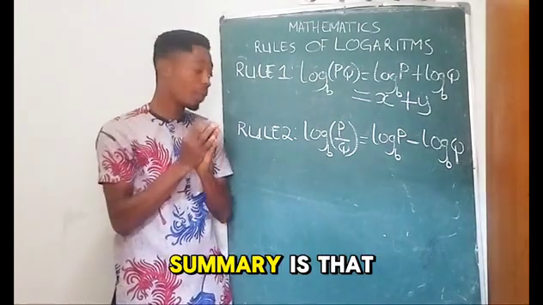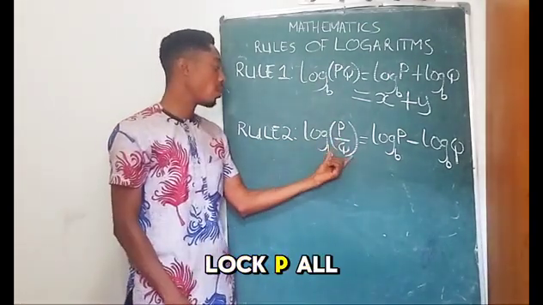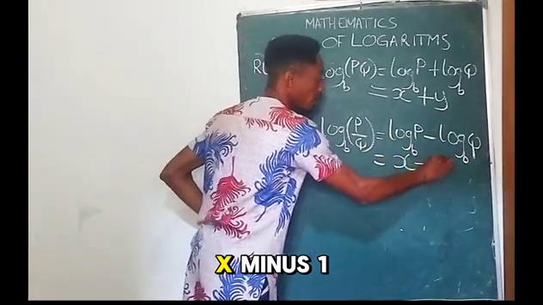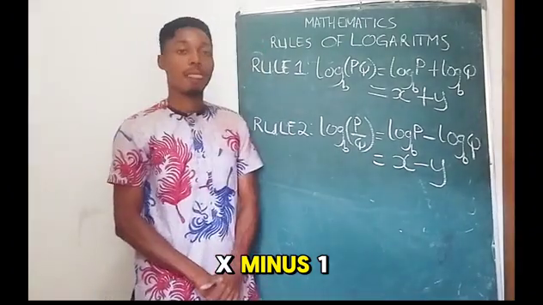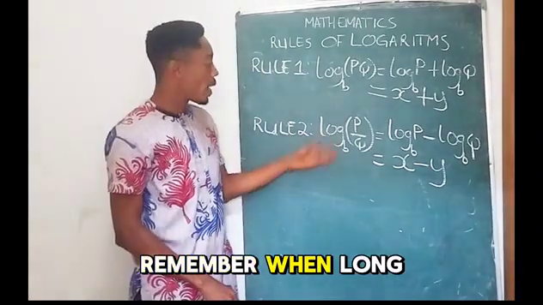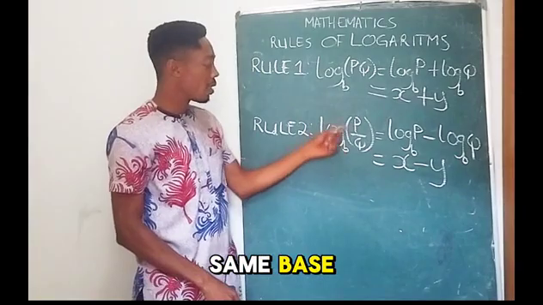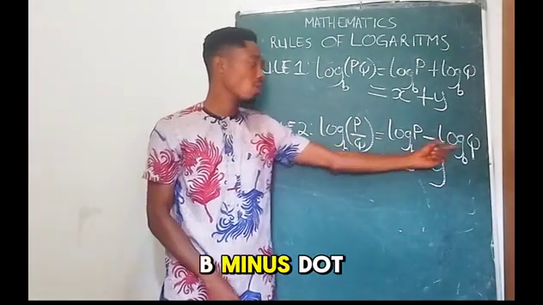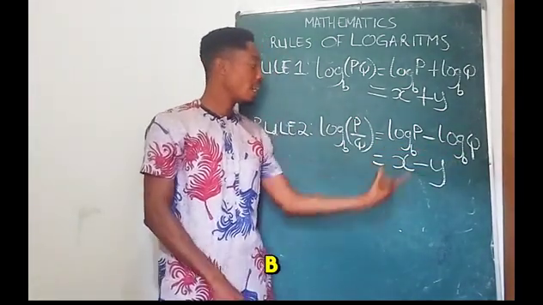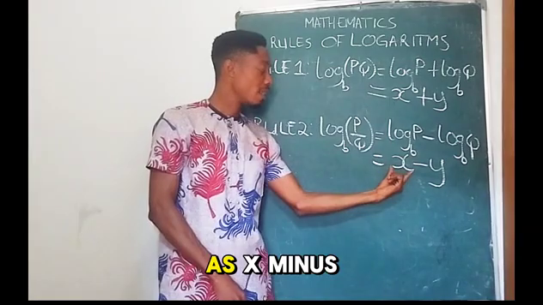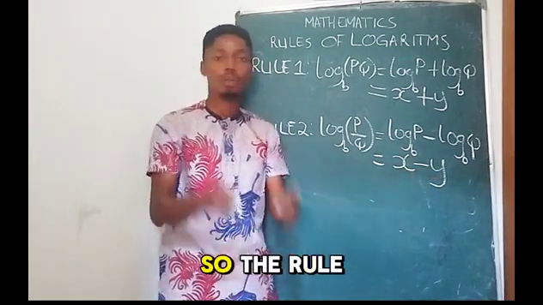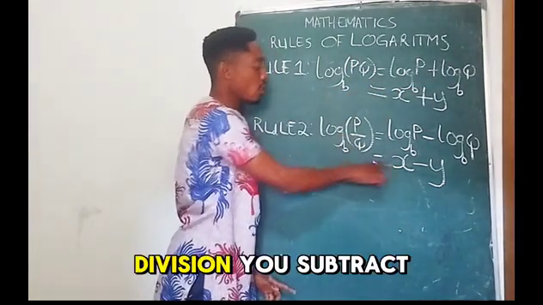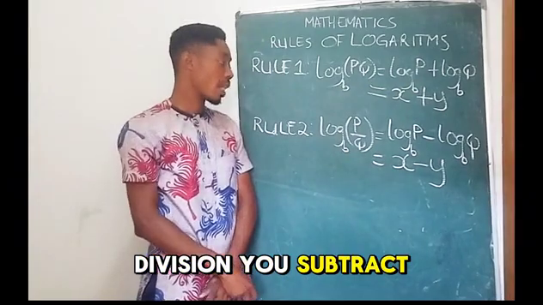Rule 2 in summary is that log p all over q equals x minus y. Remember, when logarithms of the same base have a numerator and denominator, you can express it as log p in base b minus log q in base b. And that is the same thing as x minus y. So the rule is simple. When it is multiplication, you add, and when it is division, you subtract. All right.